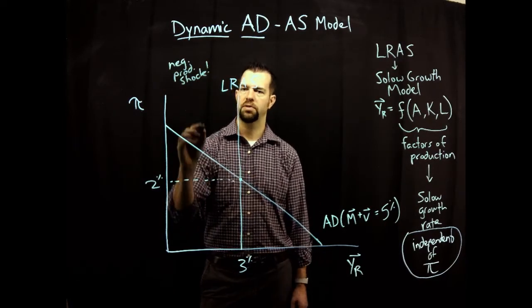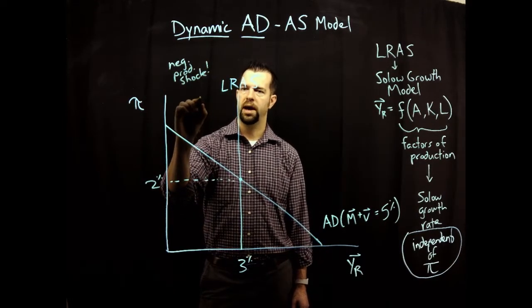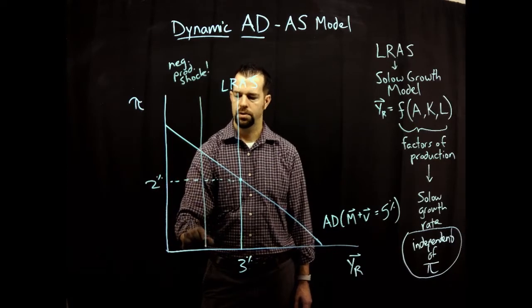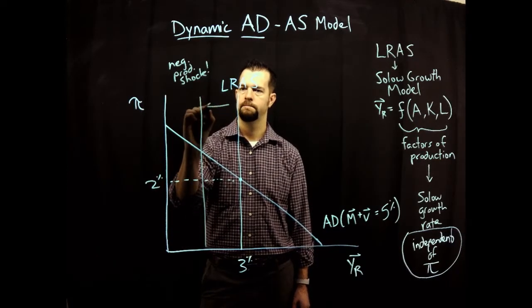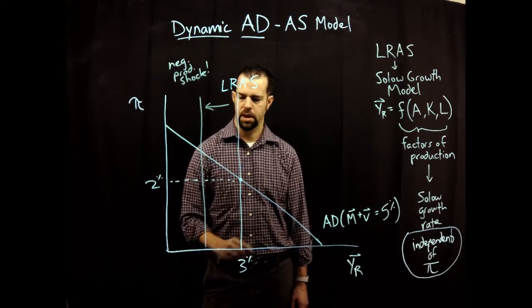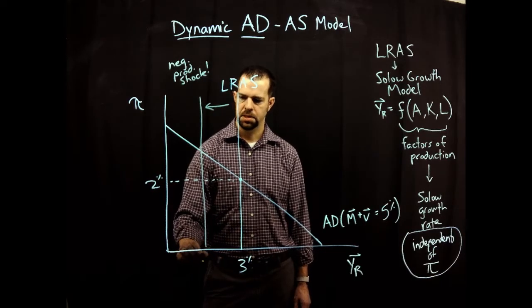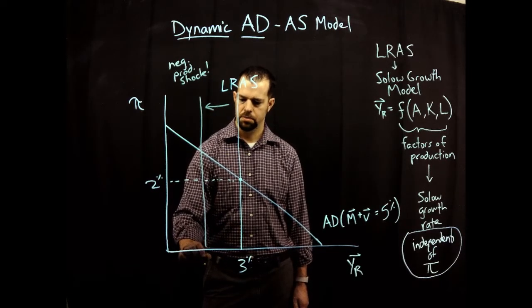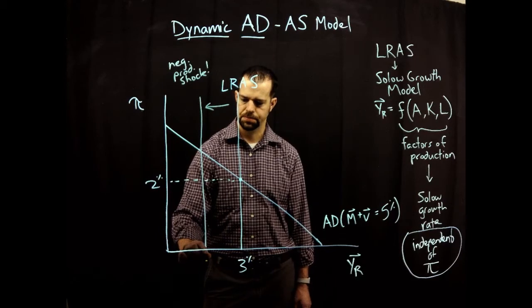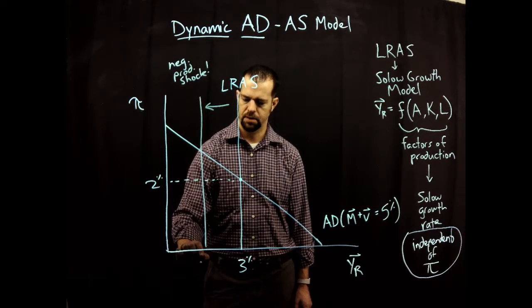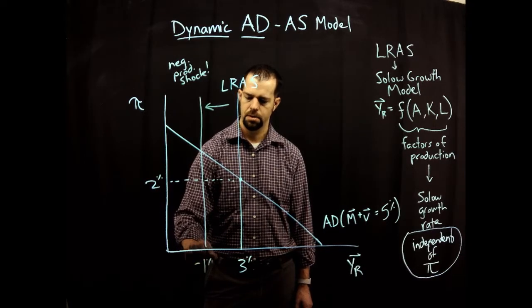So a negative productivity shock would shift the long-run aggregate supply curve to the left. And so we could say that this is 0% here. Let's make it negative. Let's say negative 1%.